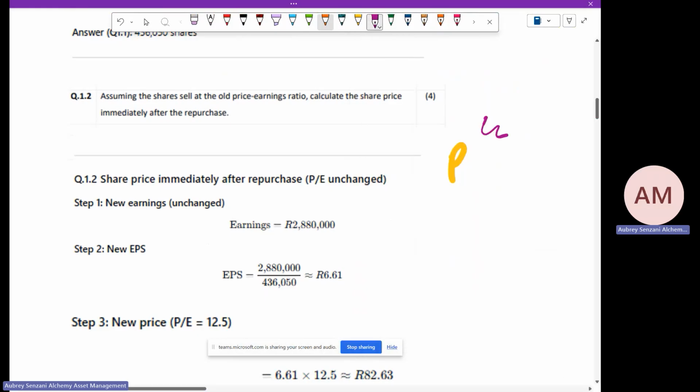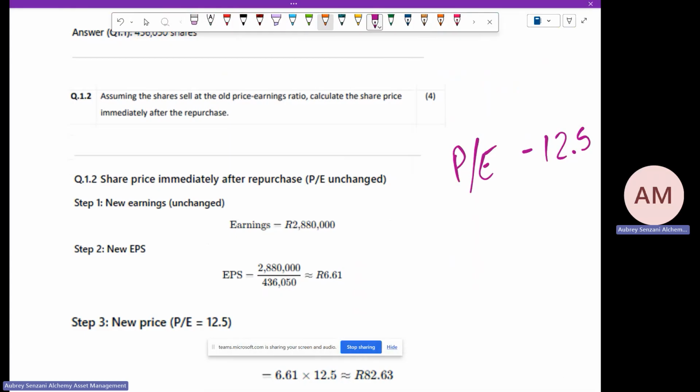Okay, that's fine. So we're basically saying that our PE ratio is still 12.5. All right. What is the new share price? Okay, what is the new share price? And how do we calculate our share price?